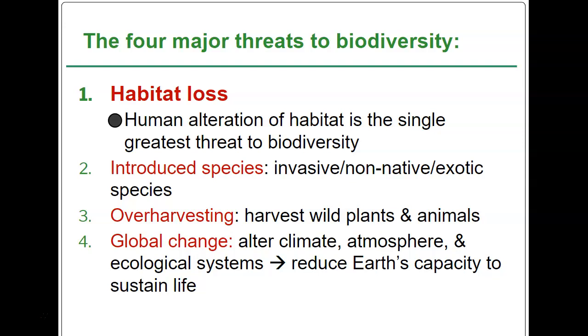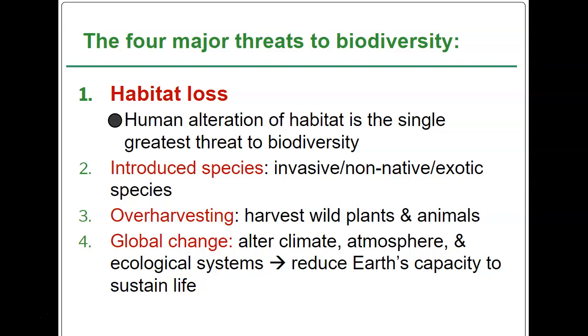Over-harvesting. So we might not totally be removing the habitat of a certain organism, but we might be taking too many organisms from that habitat. So I always think of overfishing, for example. You still have the ocean, but if you remove all of the fish from it, then there's no biodiversity anymore.